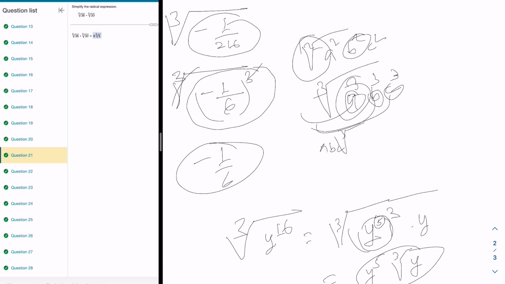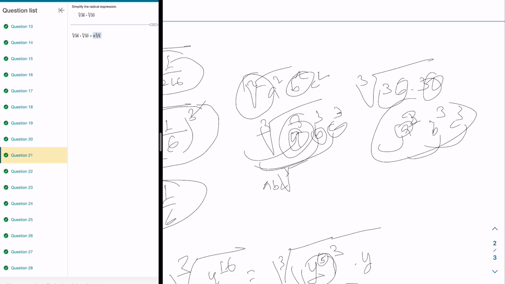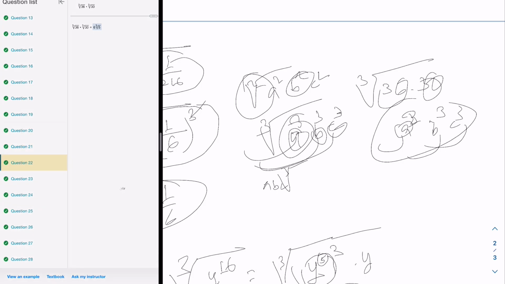Question number 21. Okay, look, it's the same thing. Just take this out and multiply. We can write this thing as 30 and arrange this thing as a cube and take this out of the cube. That's it. It's the same.